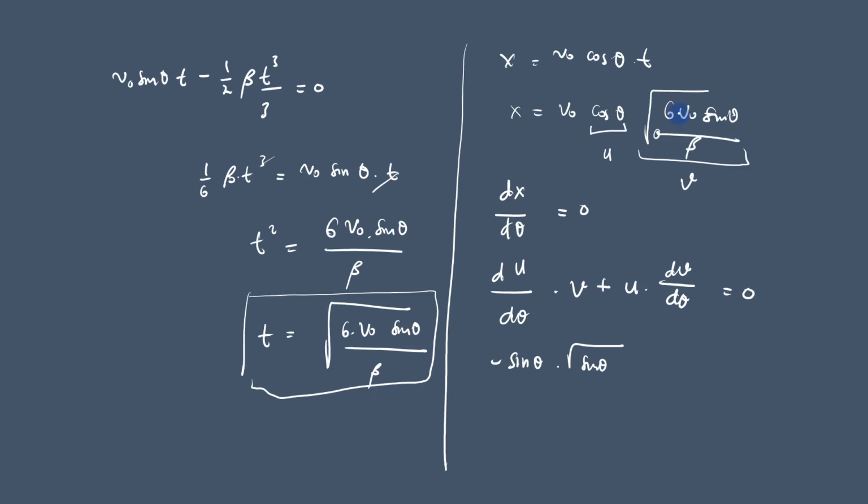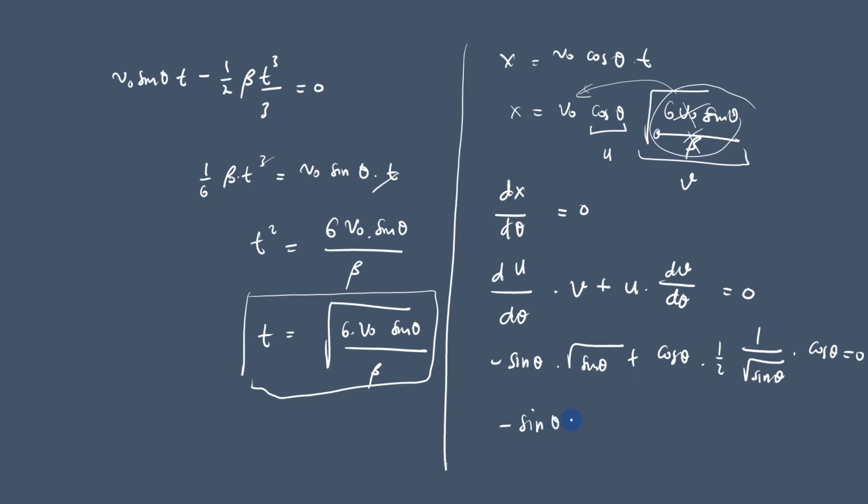We can compile this term, and we get the square root of sine theta as v. So we can simplify this term of v by this. Okay, and u is cos theta, dv/d theta is 1/2 times 1 divided by the square root of sin theta times cos theta equals 0.